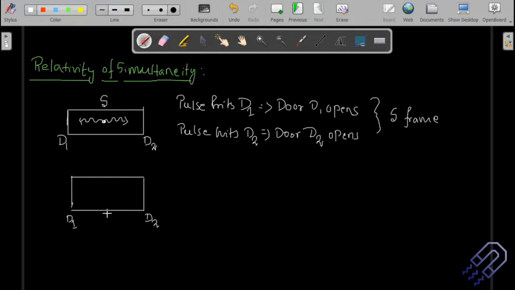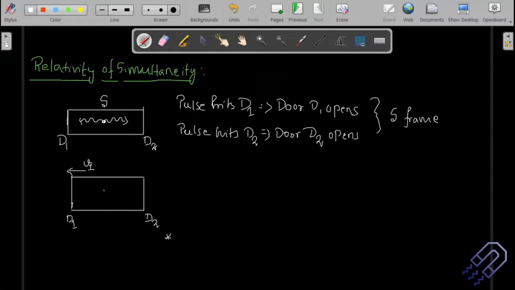Let's say this is not a door but the entire region, maybe a train or a bogie which has two doors connected to the two ends. This is moving with a velocity v1 for you now, and you are somewhere here observing the event.